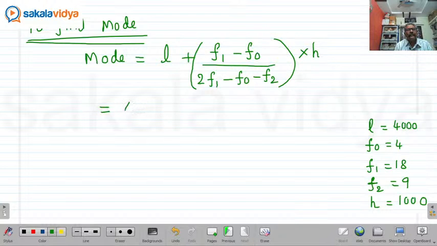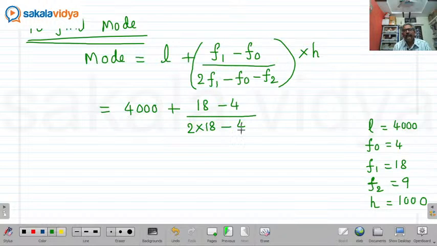So L equals 4000 plus (18 minus 4) upon (2 times 18 minus 4 minus 9), multiplied by 1000, because h is 1000.